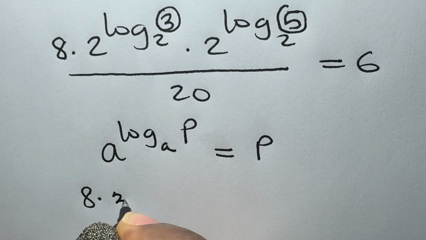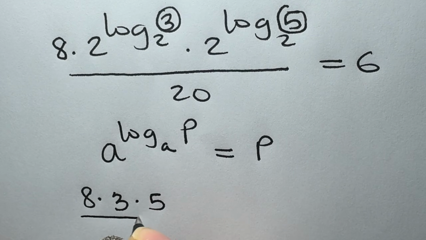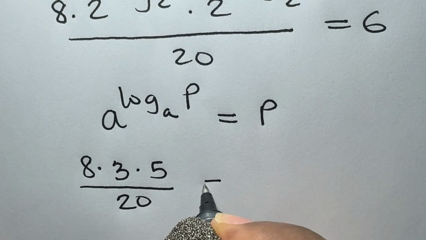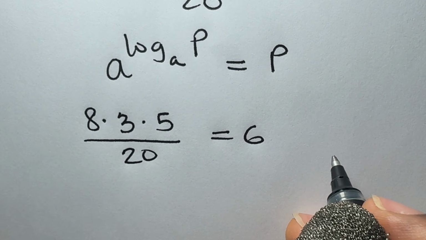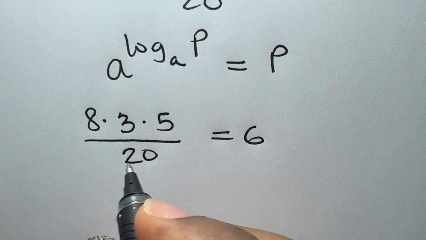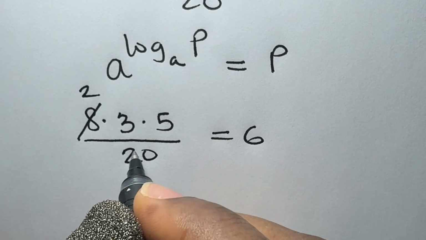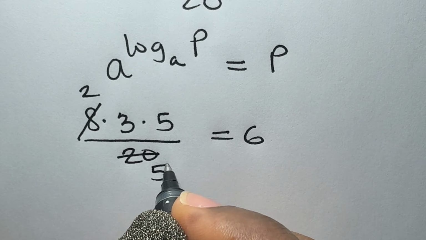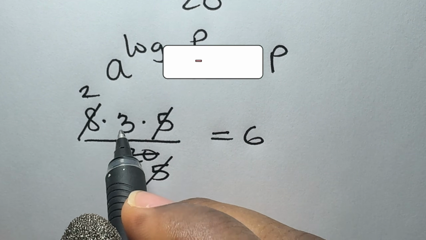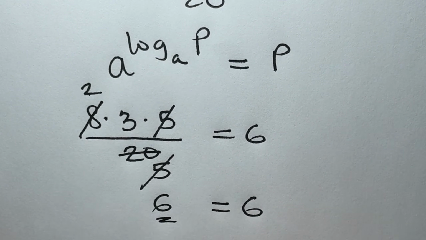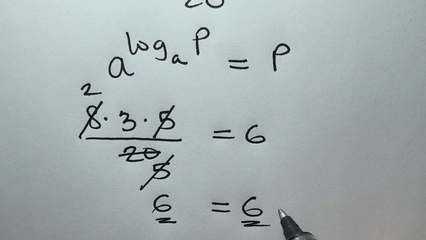So we have 8 times 3 times 5 divided by 20 should give us 6. 8 times 3, or I can say 4 here is 2, 4 here is 5, 5 cancels 5, and we are left with 2 times 3, which is 6, and then 6 is equal to 6. Since the left hand side now equals the right hand side, it confirms that our solution is correct.